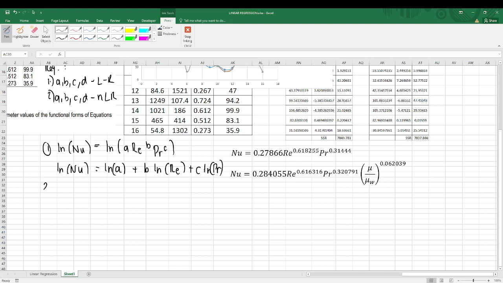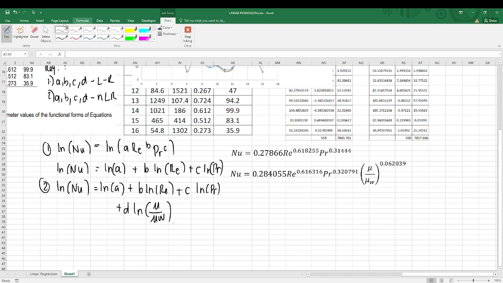Then same with the second equation, that is ln of Nu is equal to ln of A plus B ln of the Reynolds plus C ln of the Prandtl plus D ln of the viscosity ratio.